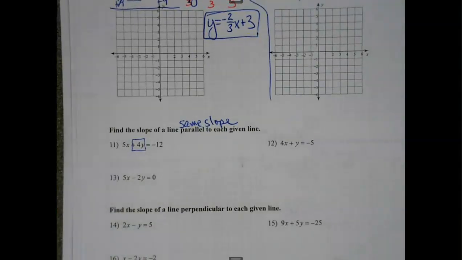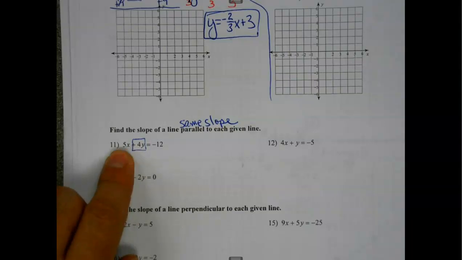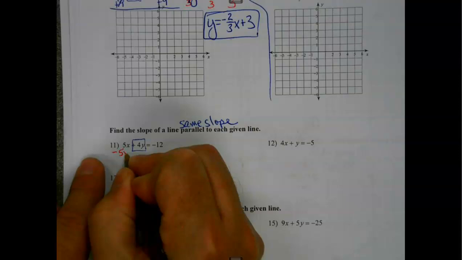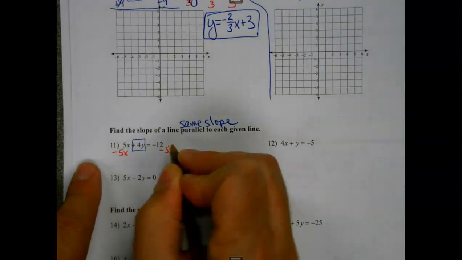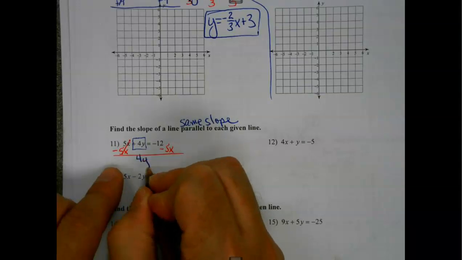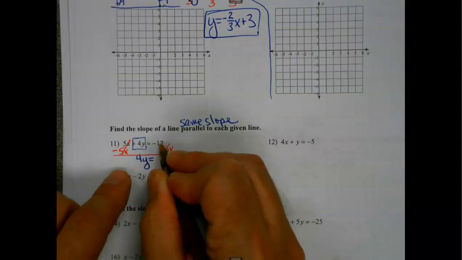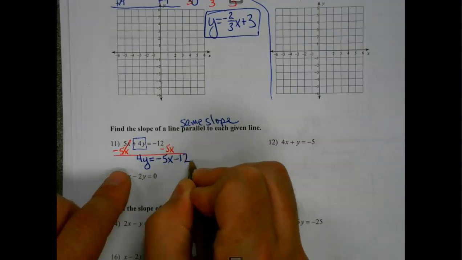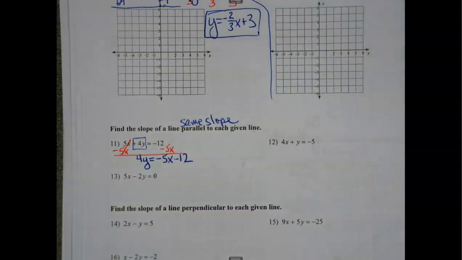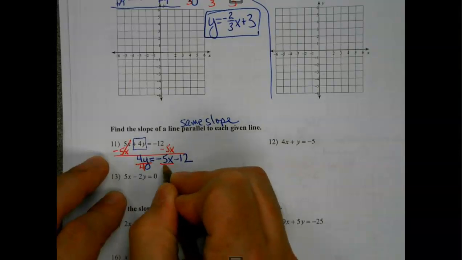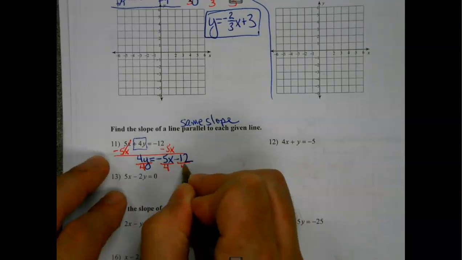We want that y term there first. We're adding 5x to it. We need to undo adding 5x to it. And again, these are not like terms. We put the x part first. Last step typically is going to be to divide.